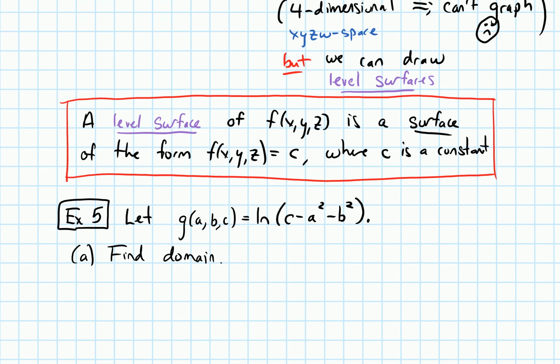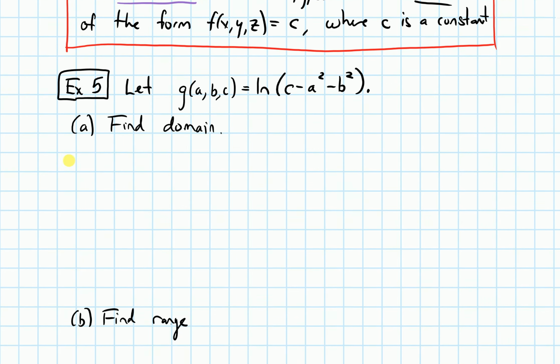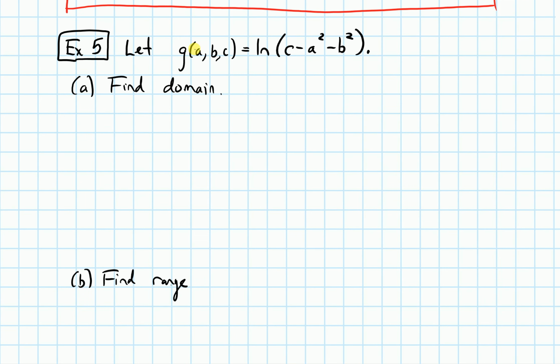All right, so let's look at an example. Suppose that we have the function g of a, b, c equals ln of c minus a squared minus b squared. Let's find the domain of this. Remember, to find the domain, I need to think about what the restrictions are on the inputs.